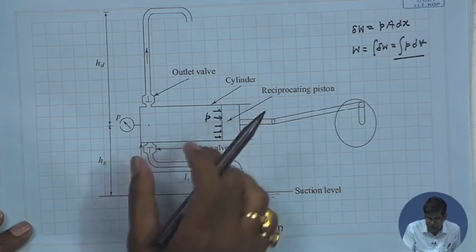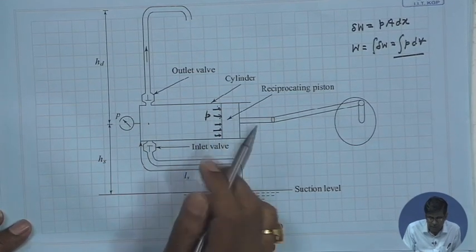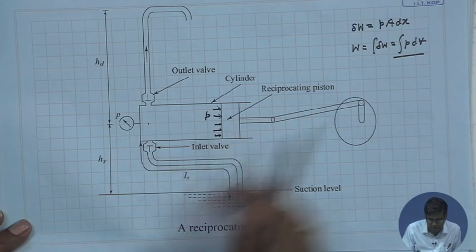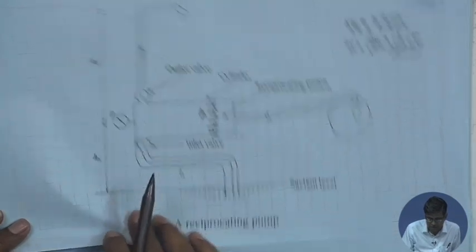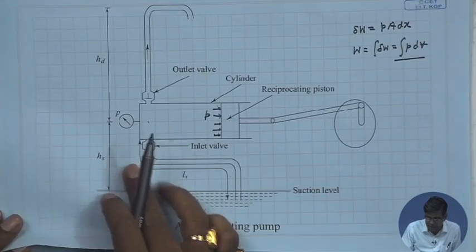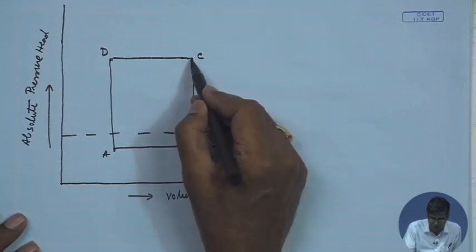If the fluid is perfectly incompressible, that means the modulus of elasticity is infinitely high, so this is immediately sensed. So, this is considered to be an instantaneous pressure rise without any change of volume, and that is why the point C is there.